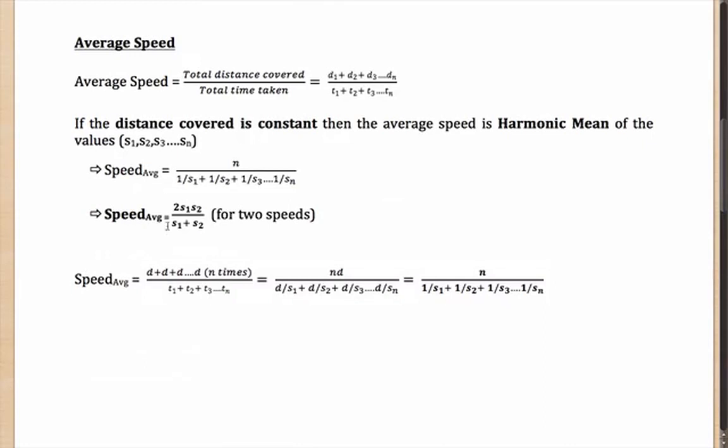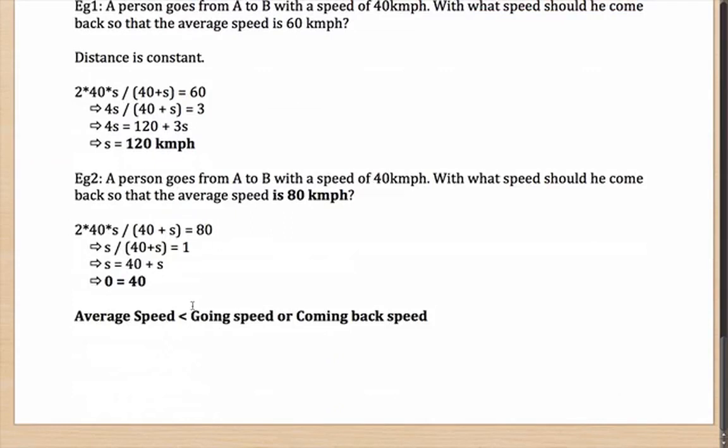What I'm saying is average speed is 2s1 s2 by s1 plus s2. So it can never be, let's say I'm saying that it becomes 2s1. Is it possible? No, because s2 by s1 plus s2 will always be a value lesser than 1. And that is the reason that the average speed will always be lesser than twice of an individual speed.